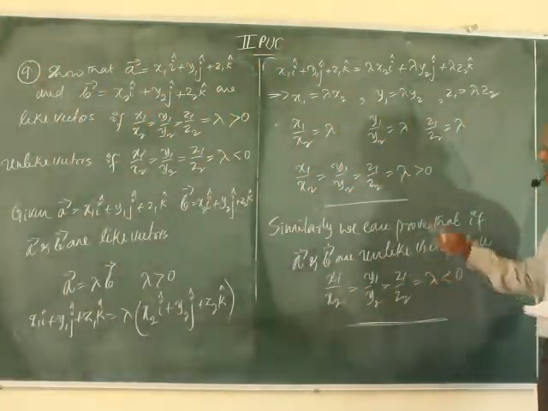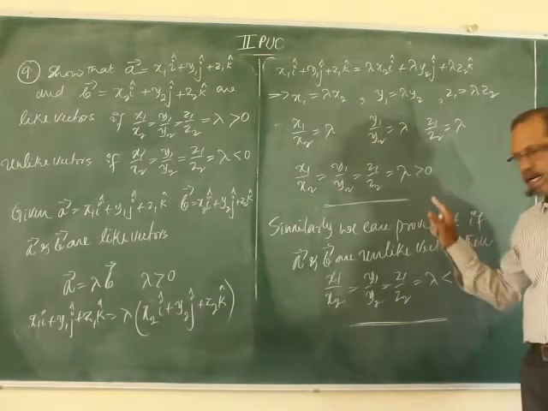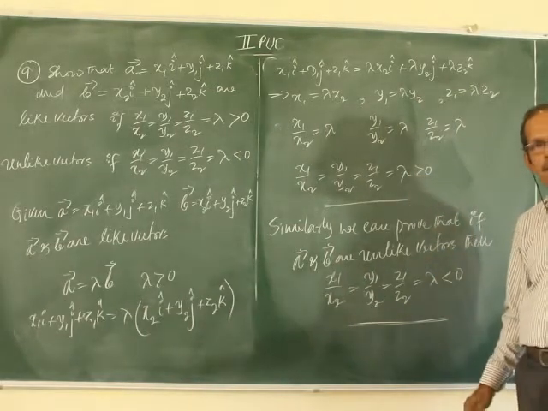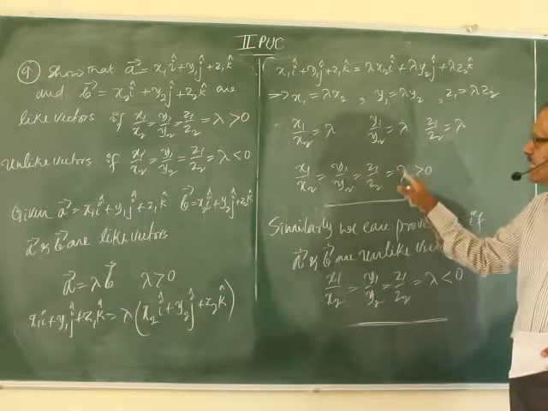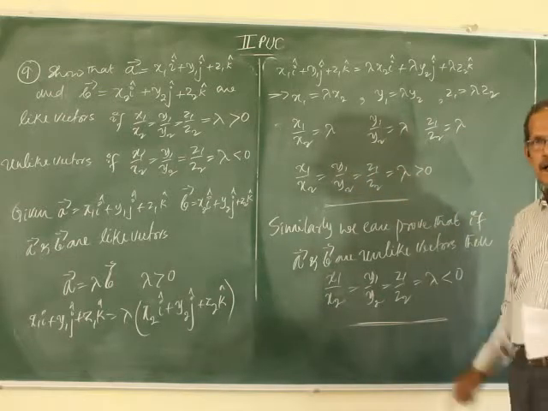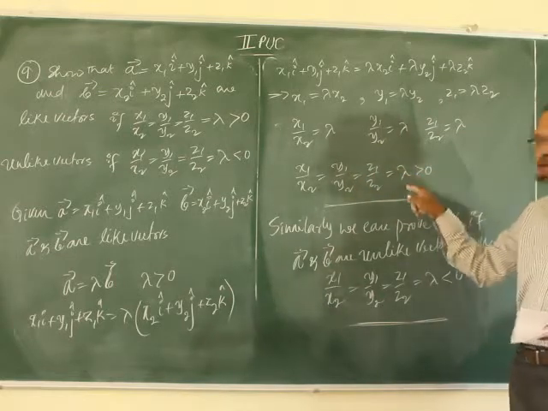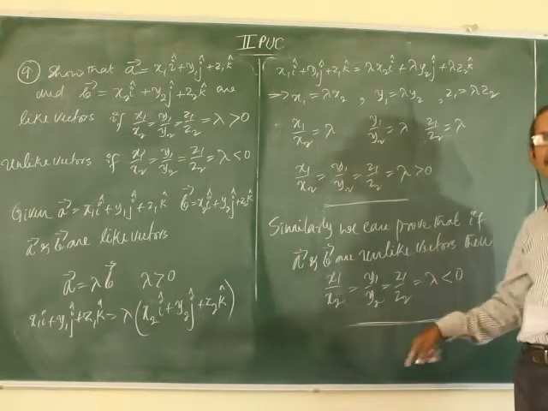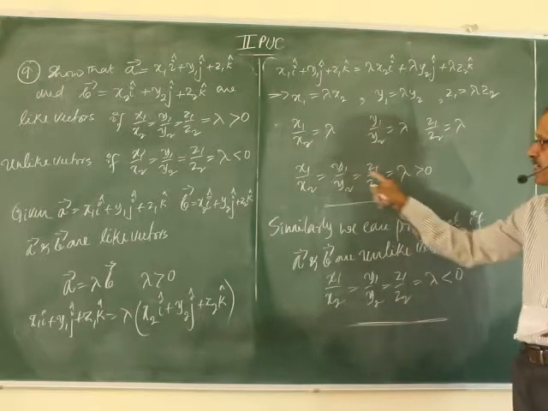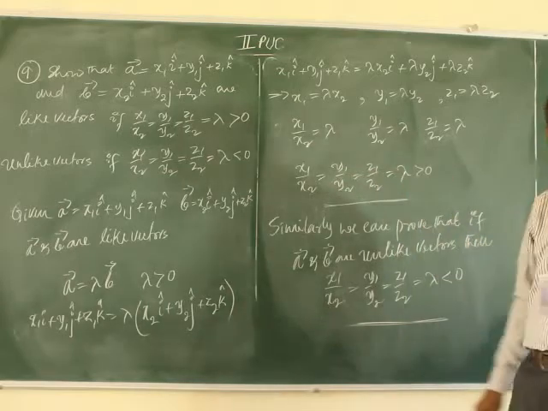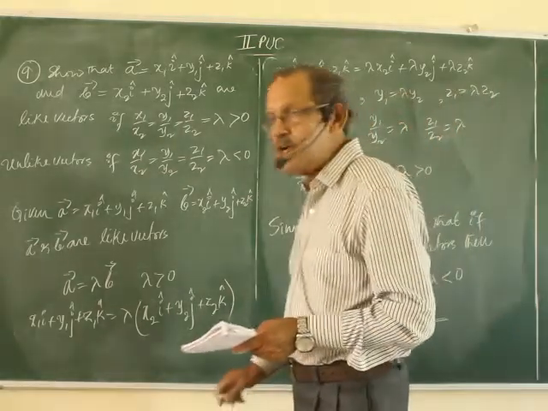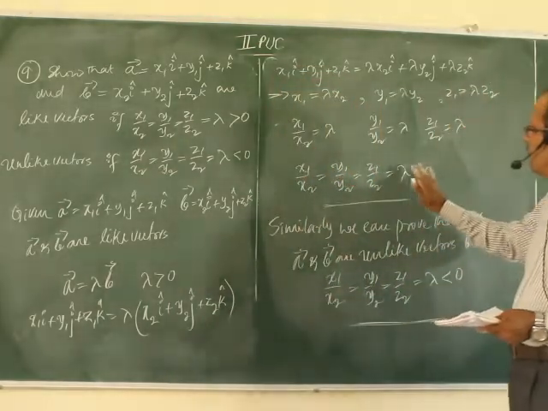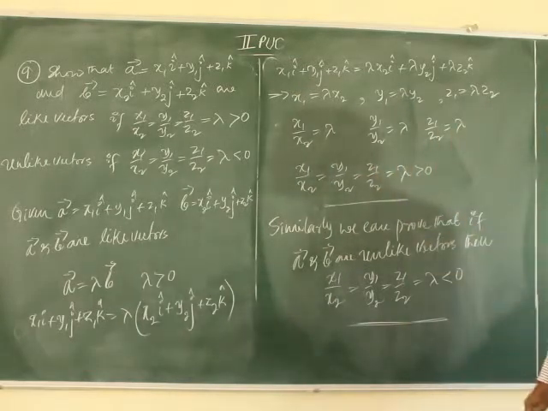Whatever may be the value of lambda, whether it is positive or negative, if the ratio is equal, they are collinear vectors. Particularly if the ratio is positive, like vectors; negative, unlike vectors. Totally, if it is constant, they are collinear, that's all. For collinear vectors, you have to prove only that the ratios are equal, enough.